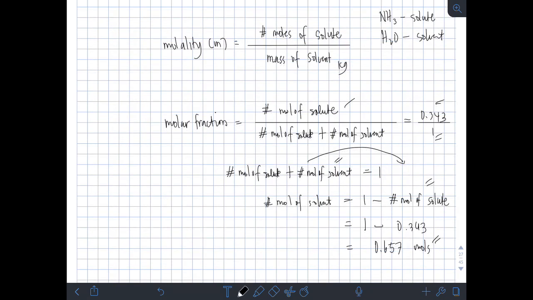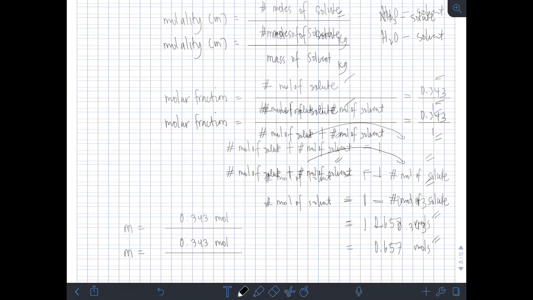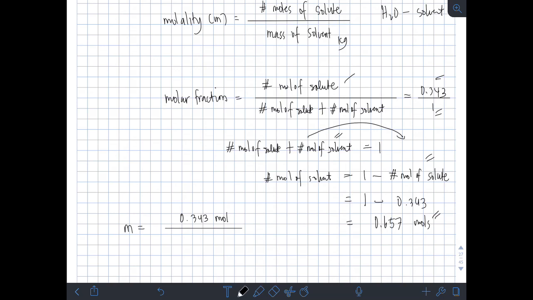Applying the formula for molality, the number of moles of solute we already have, 0.343 mole. The denominator is the mass of solvent in kilograms. Since we have the moles of solvent, 0.657, let's first convert it into mass.